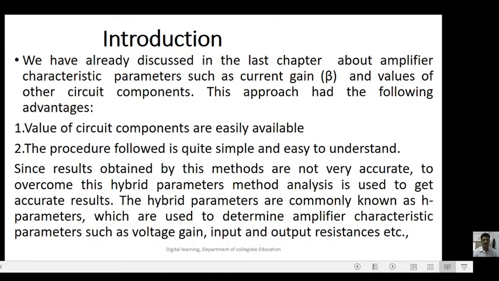Since the results obtained by these methods are not very accurate, to overcome this, the hybrid parameters method of analysis is used to get accurate results. The hybrid parameters are commonly known as H parameters, which are used to determine amplifier characteristic parameters such as voltage gain, input and output resistances or impedances, etc.